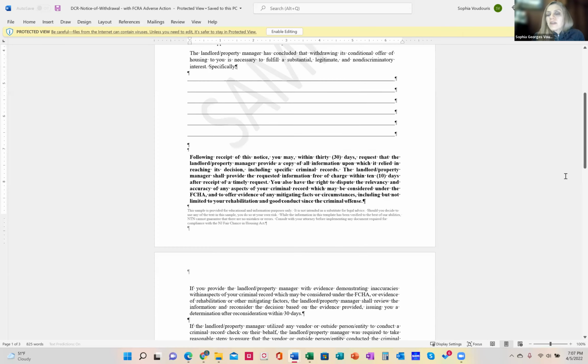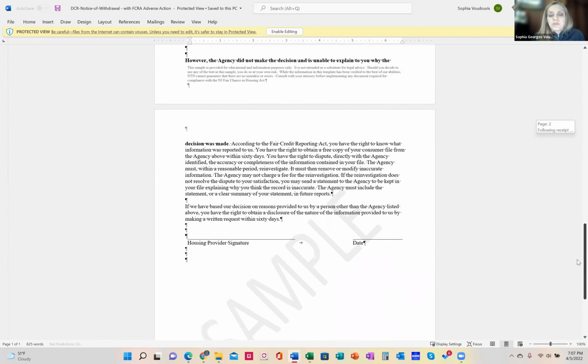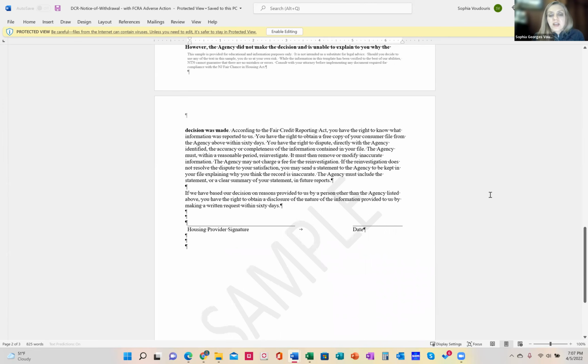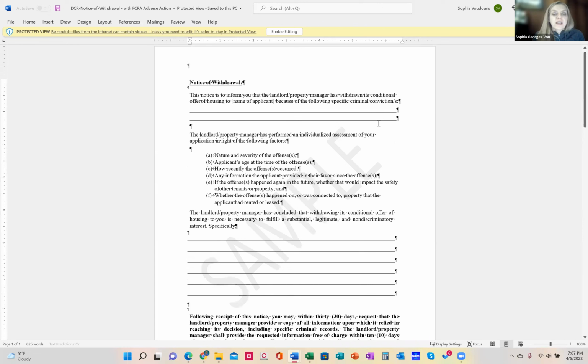I think the way this has now been written up, and you see they're going to sign, it's purposely written in a way that protects the criminal history of a tenant. I think they've made the process so difficult that many landlords will say, you know what, I'm not even going to bother.